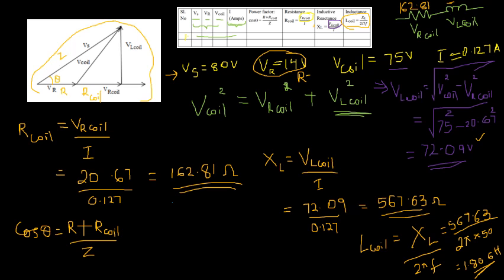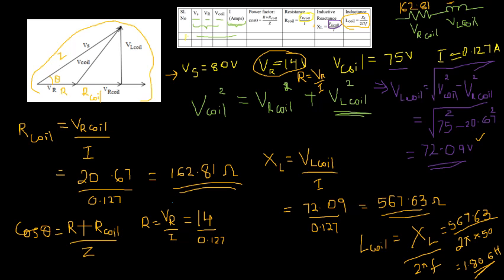So R value is nothing but VR divided by I. From the experiment we have noted that the value of VR is 14 volts and the value of I is 0.127 amps.